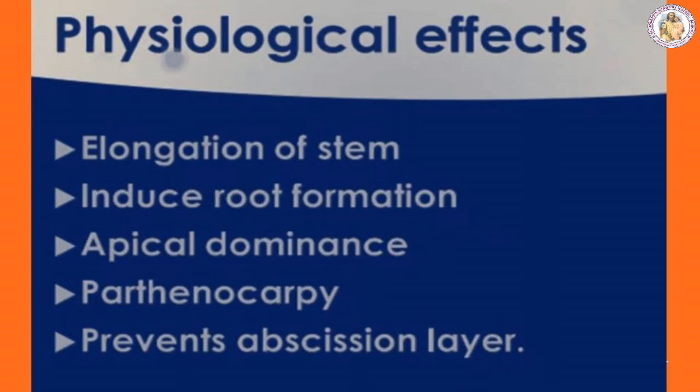Physiological effects of auxin. Auxin brings a variety of physiological effects in different parts of the plant body. We have 5 subdivisions in the physiological effects. First, elongation of the stem and coleoptile, which makes the stem grow. Second one is induce root formation, while a higher concentration inhibits it. The third one, apical dominance.